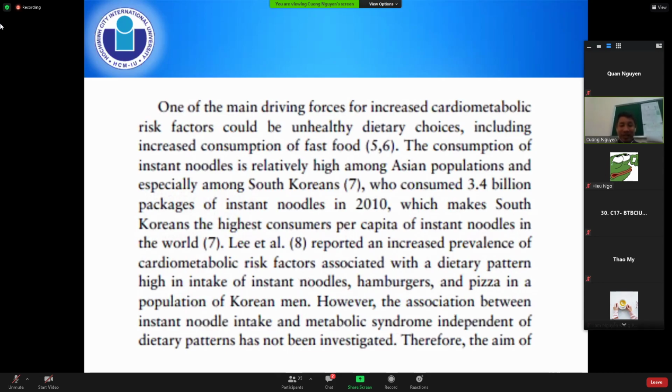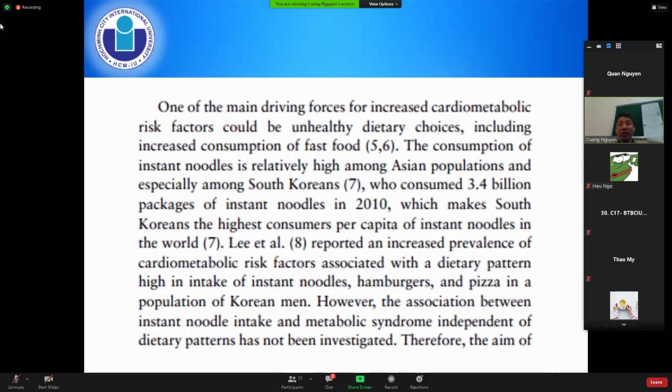Okay, next sentence. "The consumption of instant noodles is relatively high among Asian populations and especially among South Koreans." So why is this sentence in the lit review but uses present tense "is"? Because it is a fact that is still true right now.